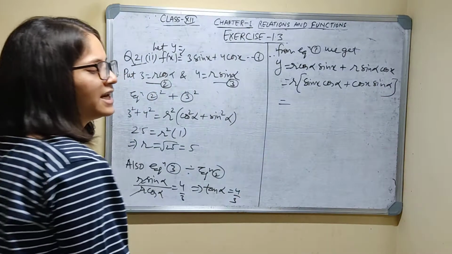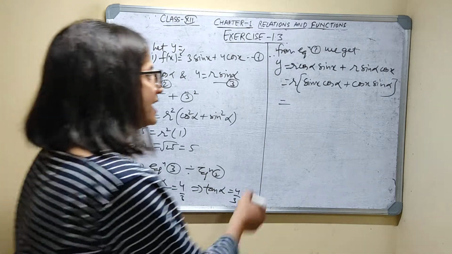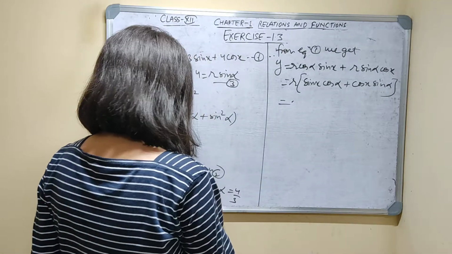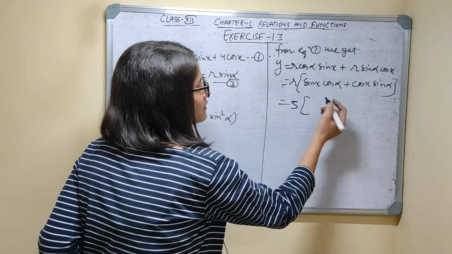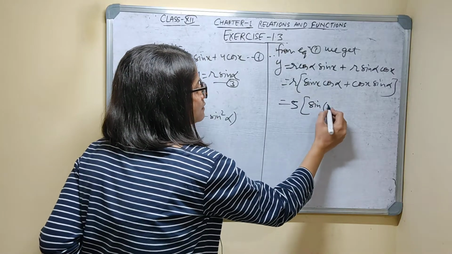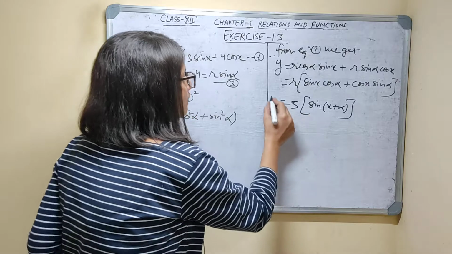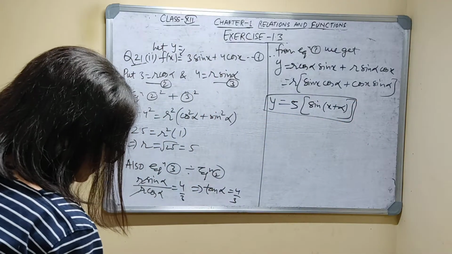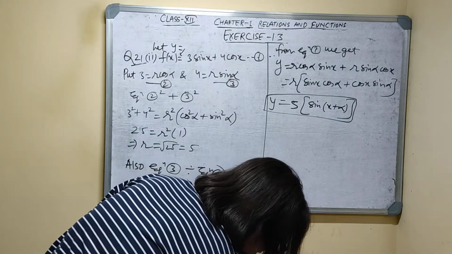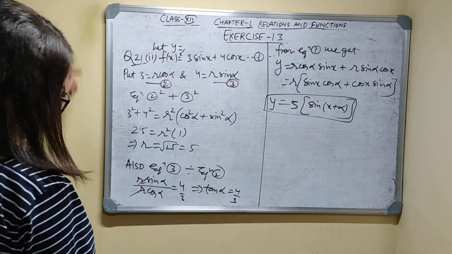And I know sin A cos B plus cos A sin B is sin(x + alpha). So R is here 5 times sin x cos alpha plus cos x sin alpha, so sin(x + alpha). So y is equal to 5 sin(x + alpha). Is it clear?